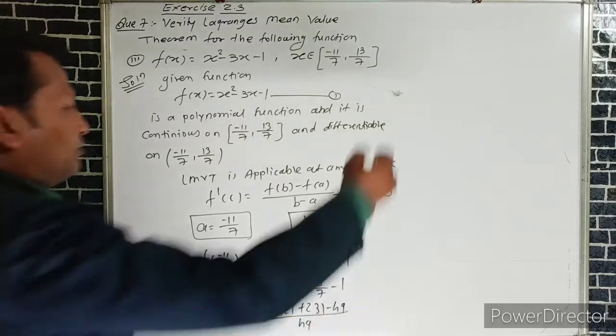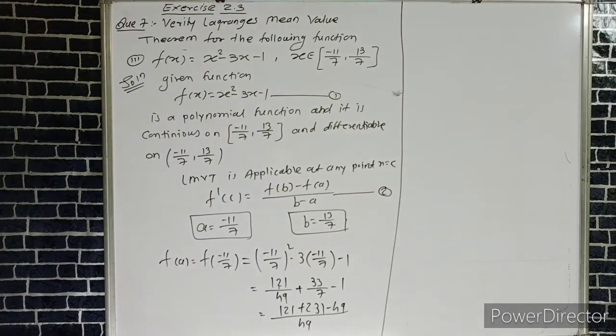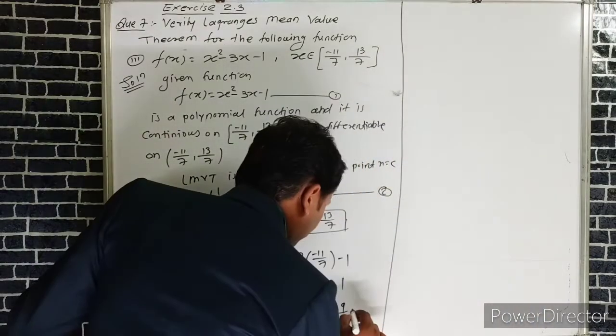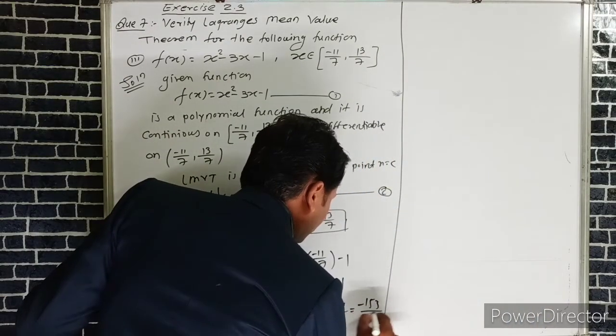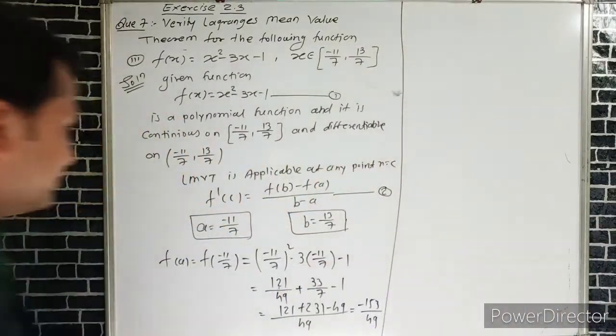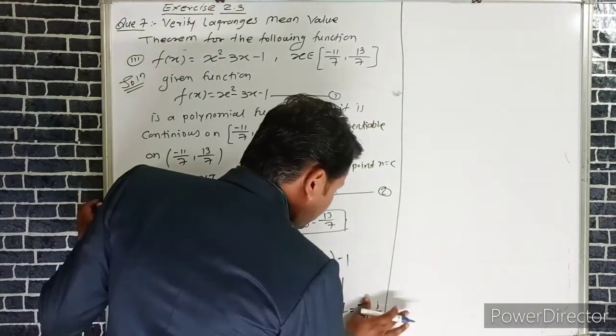The sum of 121 plus 231 minus 49 we can write as minus 153 upon 49. Sorry, not a minus, 303 upon 49.